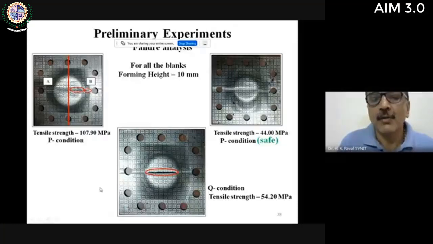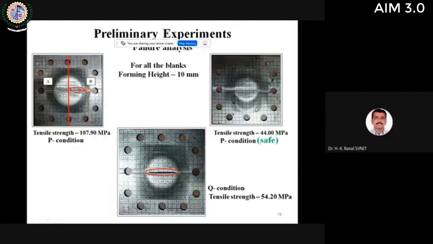So these are a few failed components. A few safe components are also deformed. You can see the right top figure, that is a safe component which is formed. Here the tensile strength of the weld is low. Here the tensile strength of the weld is high. Here it is a maximum of 107 among these three. But still there is a failure here.